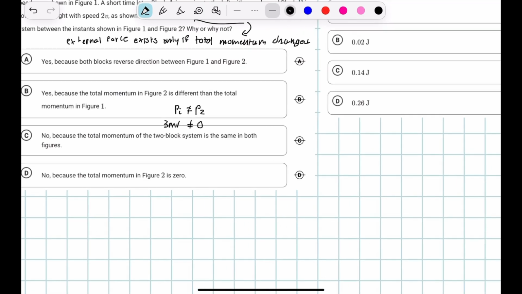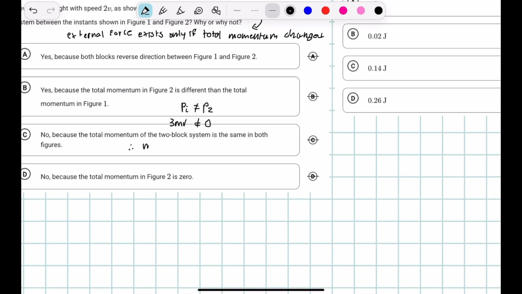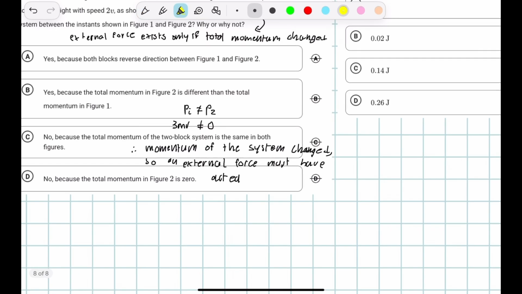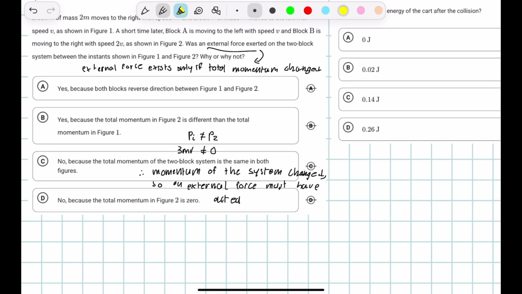So therefore the momentum of the system changed, so an external force must have acted. Okay, is it because both blocks reverse direction? No. Yes, because the total momentum in figure 2 is different than the total momentum in figure 1. Yes, that's probably it. Let's read the other ones.